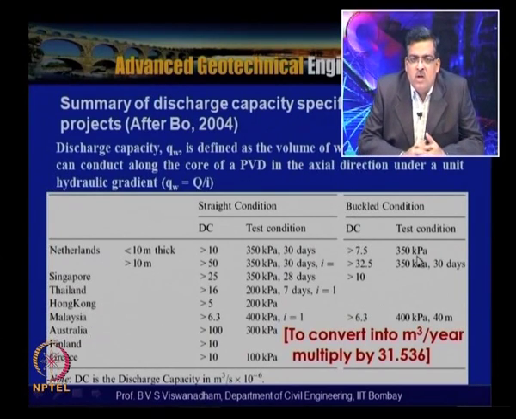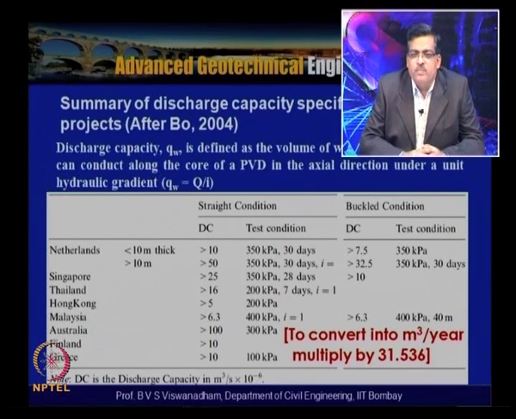So, even under the buckled condition, the majority of PVDs possess discharge capacities in the range of 100 to 200 or 300 meter cube per year.